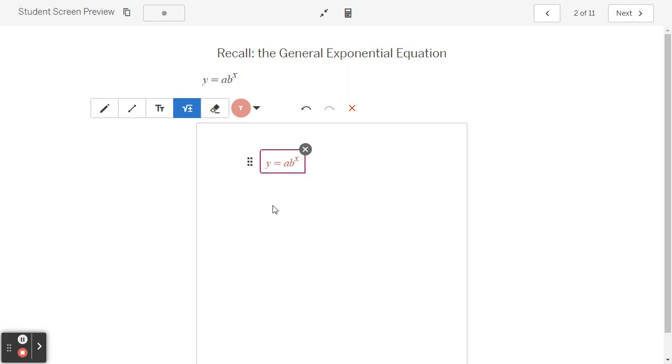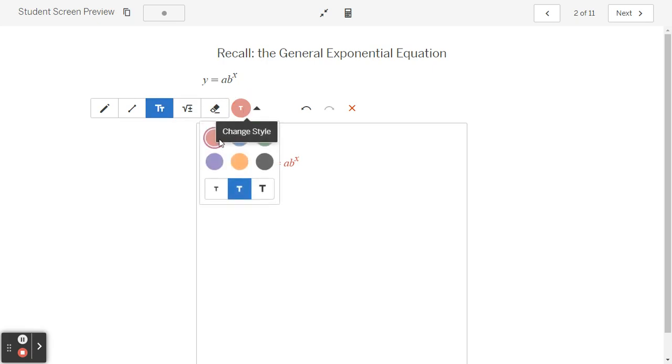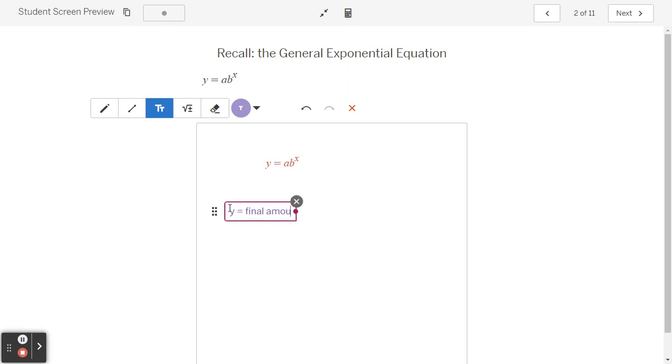Now, each of these letters represents something different. y represents the final amount. Final amount could mean the value, the final amount of the population, etc. A is the initial amount.